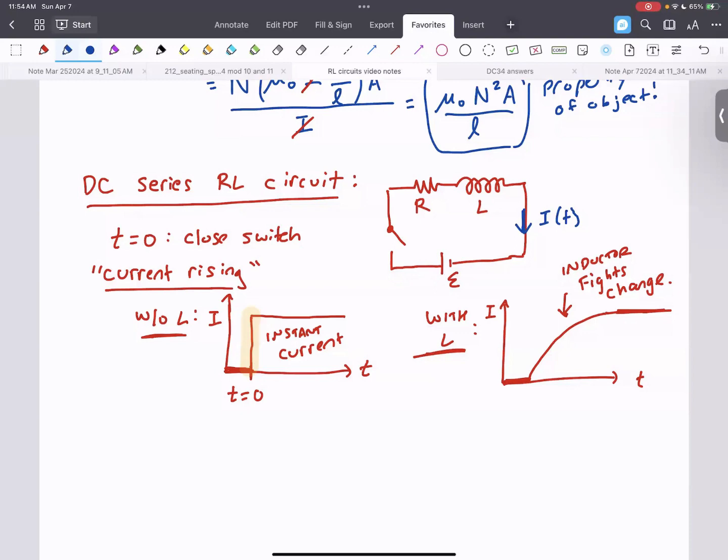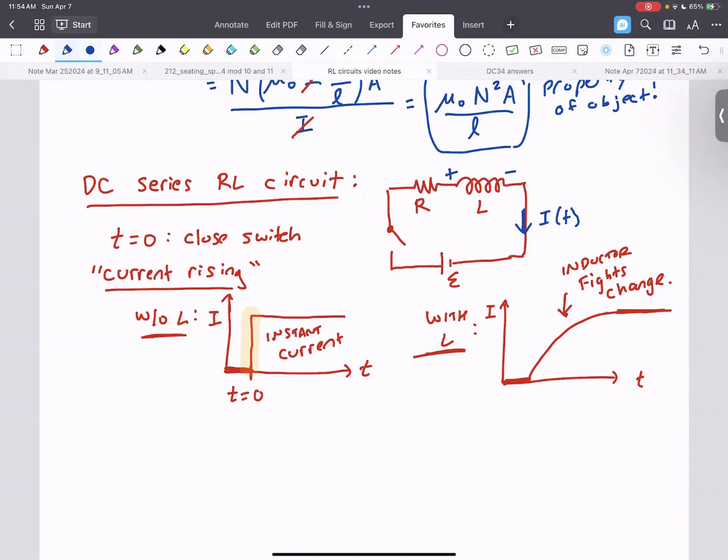And so what we end up with is it creates what we call a back EMF. So a back EMF is going to work such that it's setting up its own EMF that then is going to be opposing that change in that current.